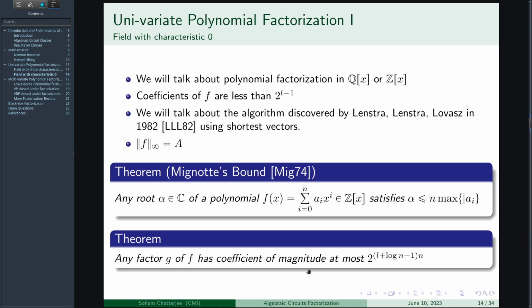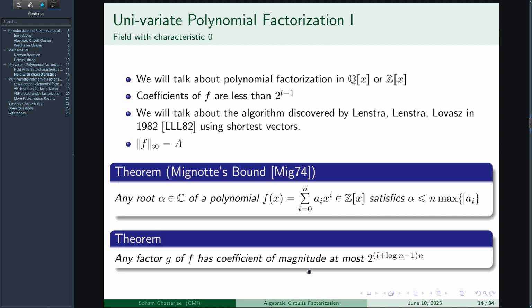Now we will talk about characteristic zero fields, mainly Q[x] and Z[x]. This algorithm was discovered by Lenstra, Lenstra and Lovász. It uses computing the shortest vector in a lattice, or rather approximating it; not exactly computing, but approximating the shortest vector. This algorithm is also called the LLL algorithm.